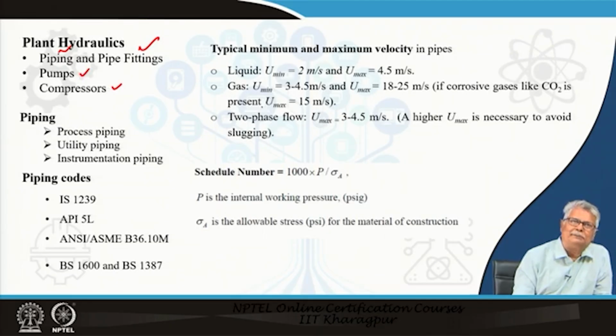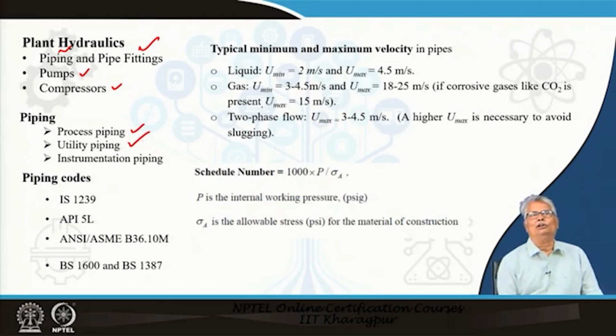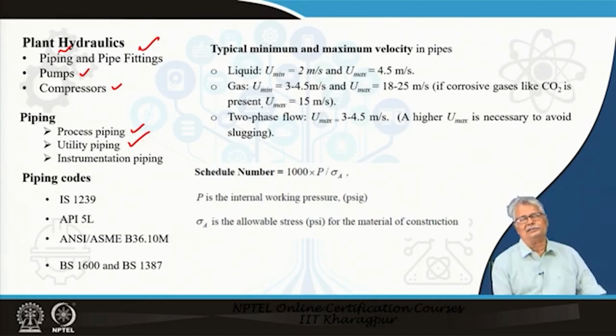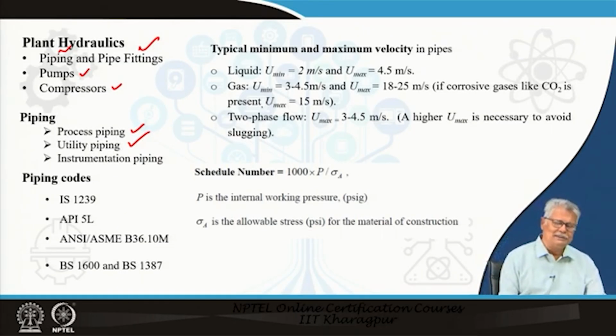And if you are talking about piping, with which we start first, the piping can be classified as process piping and utility piping. When I say utility piping, that means any plant will always have, apart from the process material being handled, facilities for steam, and facilities for water of different grades, possibly raw water, fire water, demineralized water and so on.